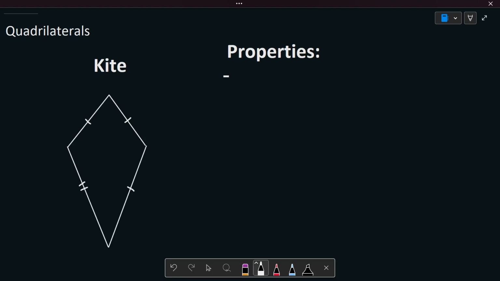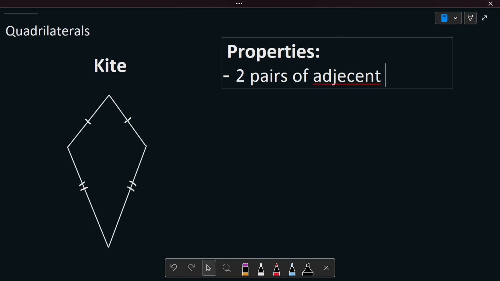These two sides over here that are adjacent to each other are equal. So therefore we can say two pairs of adjacent sides are equal.